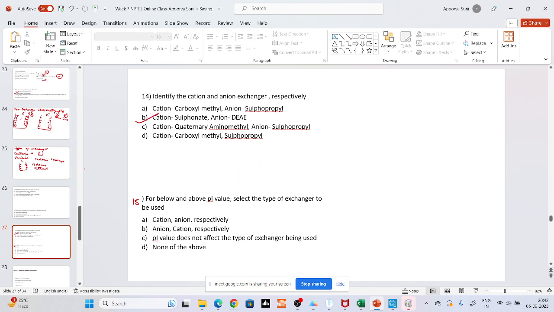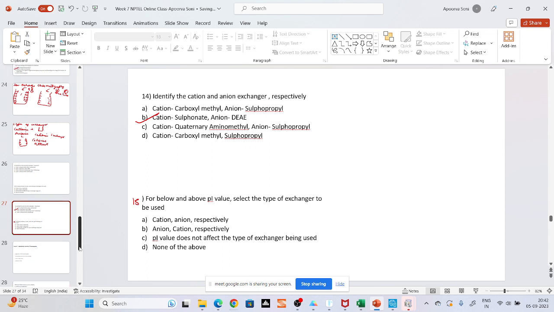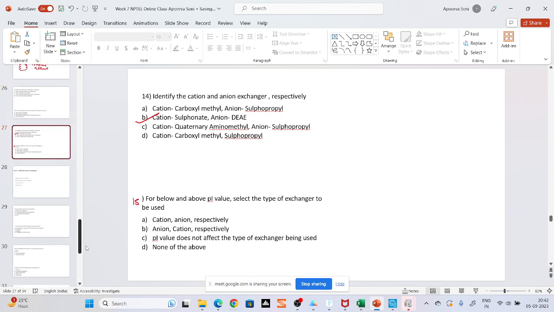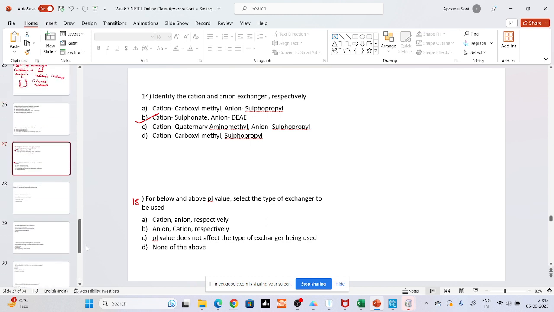Then we come to the 15th question: for below and above pI value, select the type of exchanger to be used. Cation and anion respectively. So below is cation and above is anion. Yes, right.